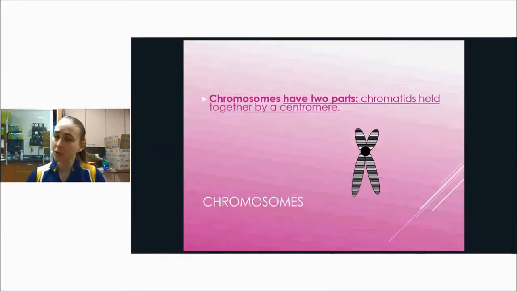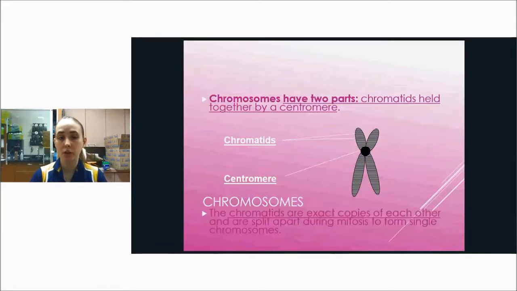And when the chromosome is duplicated after the S phase of interphase, it looks like an X because there are two sister chromatids. They're the exact same genetic information on either side. So the centromere is the circle in the middle, and the chromatids are either the left or right side of the X.